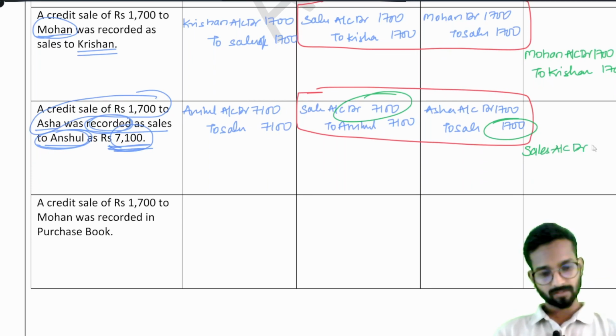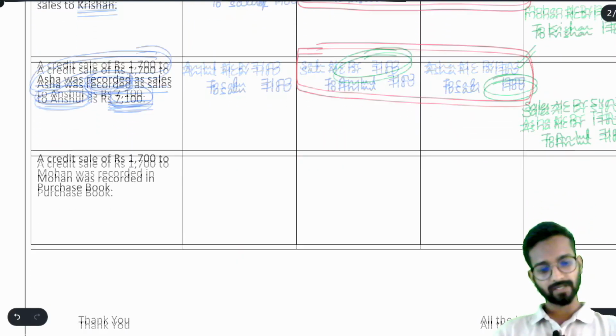How much? 5,400. Simple. Asha account you have to debit. So Asha account debit 1,700 to Anshul 7,100. Simple enough. This is how we have to proceed with the rectification.